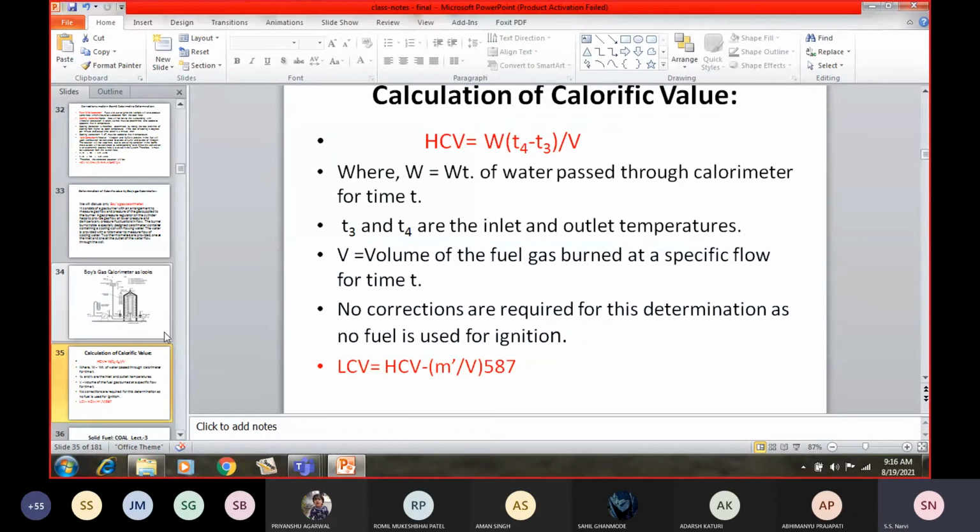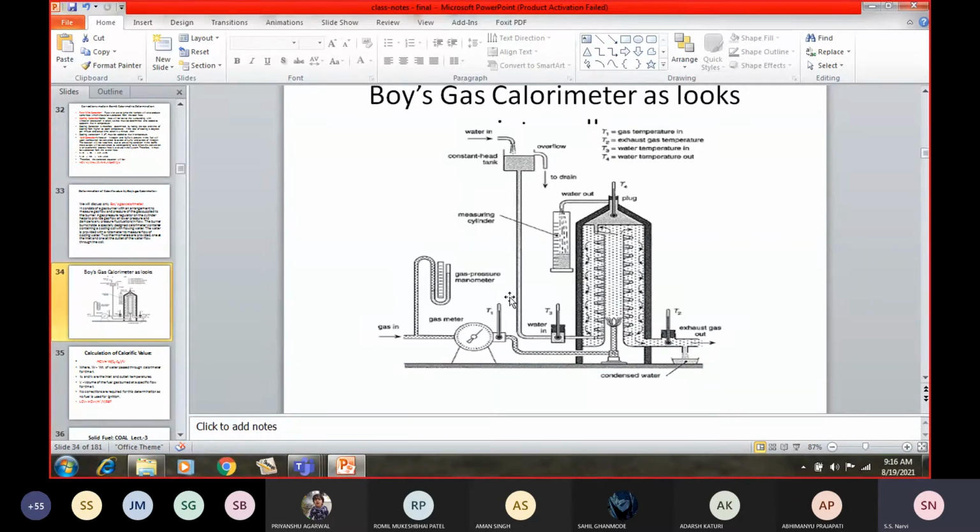Here you have the temperature of inlet water, T3, which will be room temperature. Then it goes in and absorbs the heat produced as a result of combustion of the fuel, the temperature will rise, and you will get T4, the raised temperature.